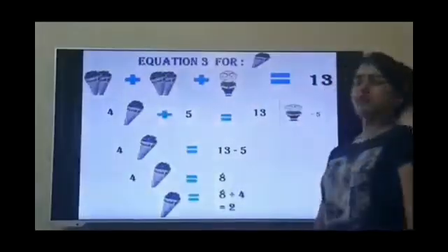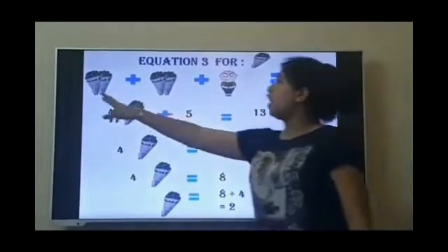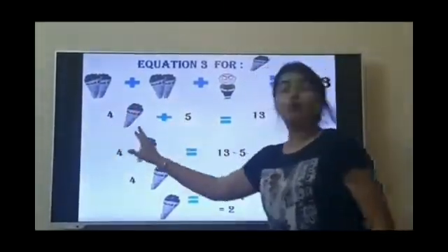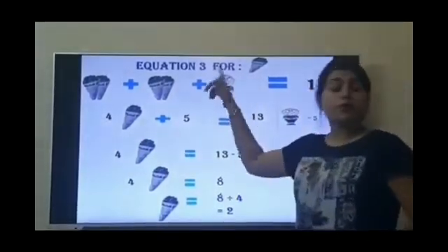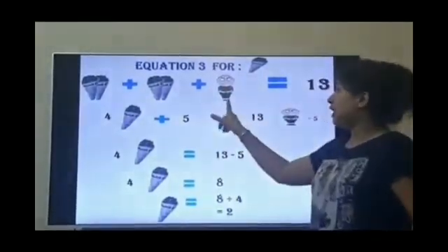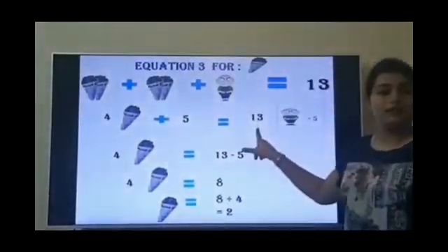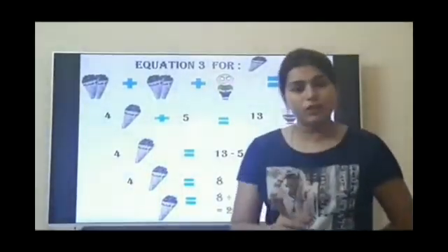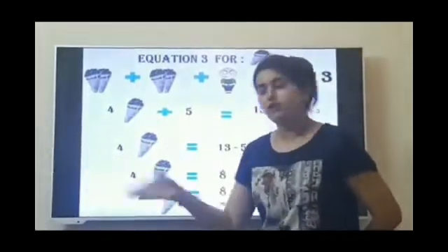Now, equation 3. In equation 3, I can see how many popcorn cones are there? 1, 2, 3, 4. So 4 popcorn cones plus the value of 1 boy, which I calculated also, the value of 1 boy is 5, is equal to 13. And as I explained to you, whenever you have to find out the value of an image, you have to make it alone by transferring the number to the other side.